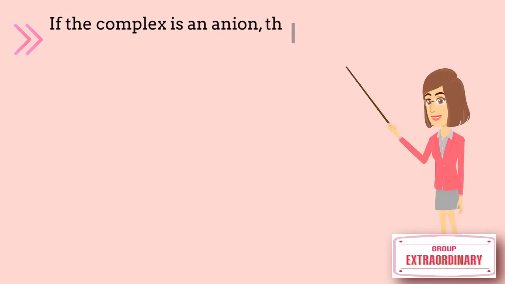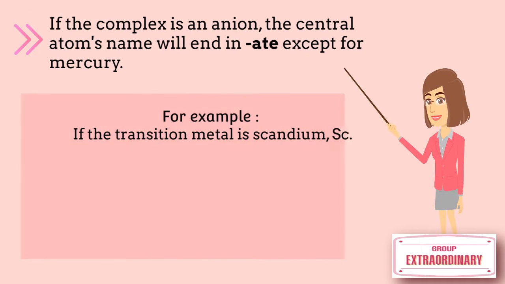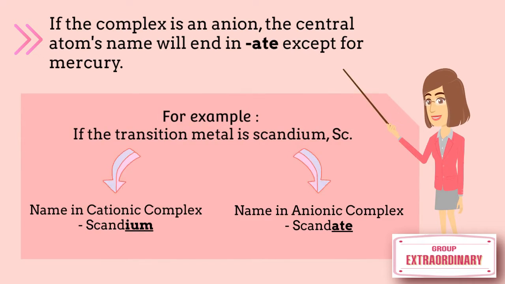Rule 5. If the complex is an anion, the central atom's name will end in ate, except for mercury. For example, if the transition metal is scandium, the name in a cationic complex is scandium. Meanwhile, the name in an anionic complex is scandate.